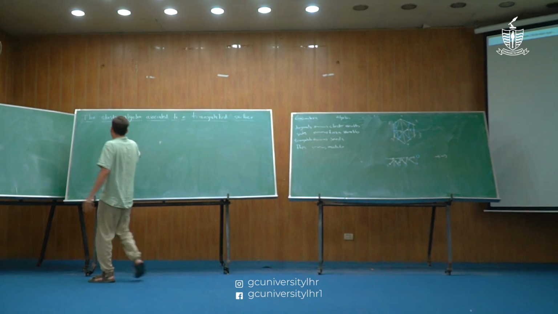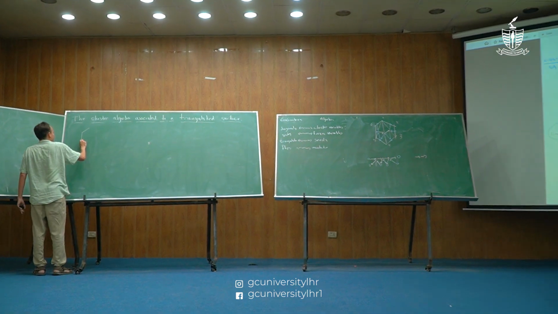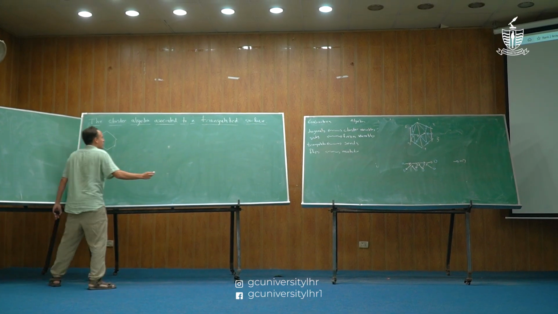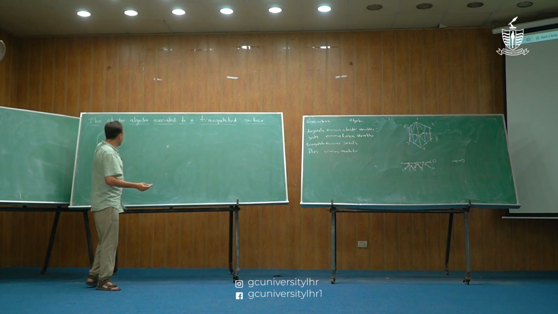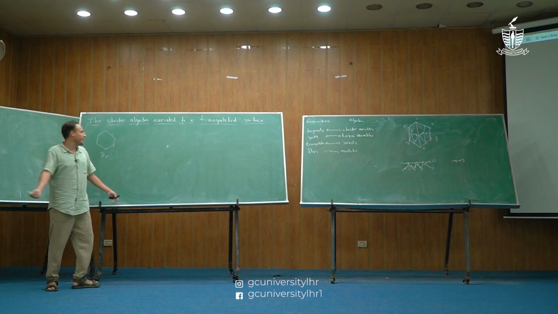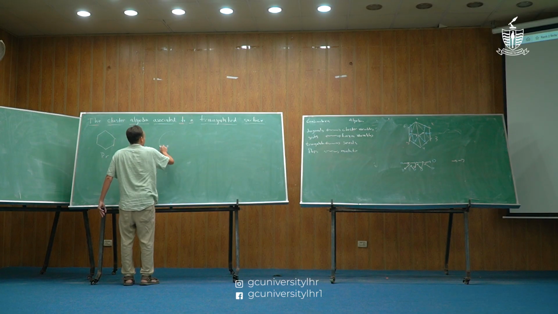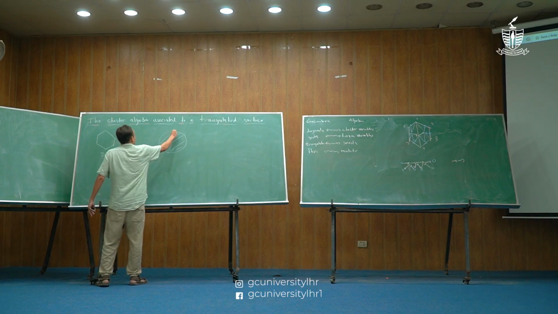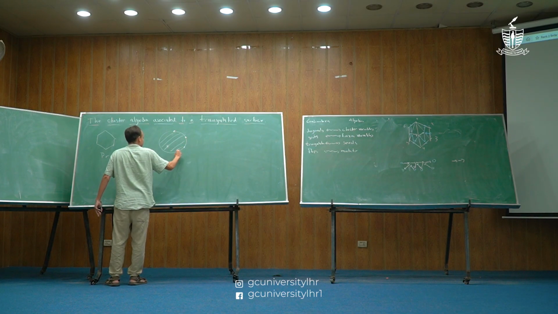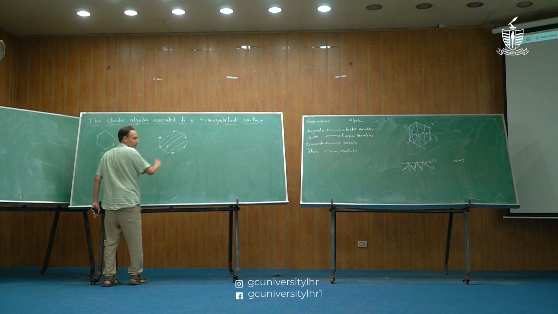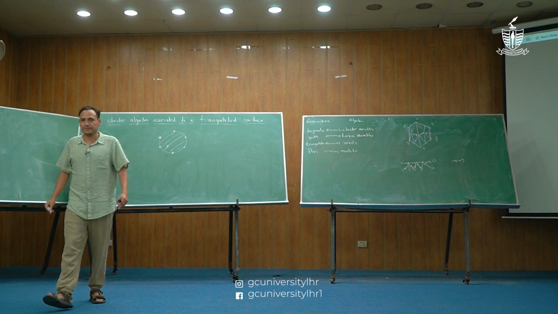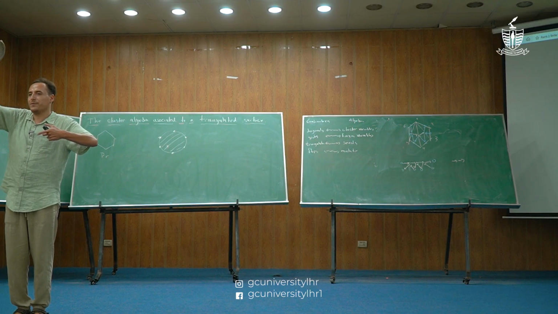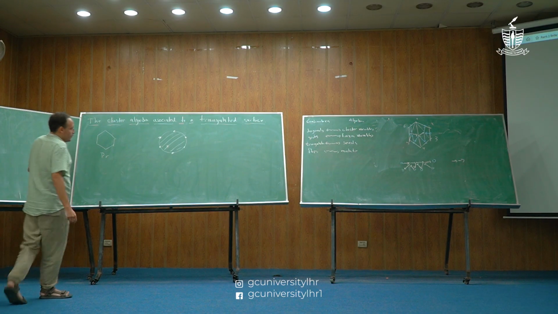So the idea is to replace this polygon by, since we now are topologists, this is the same as a disk, with a certain number of mark points. So it's just a surface that is like a disk with mark points.